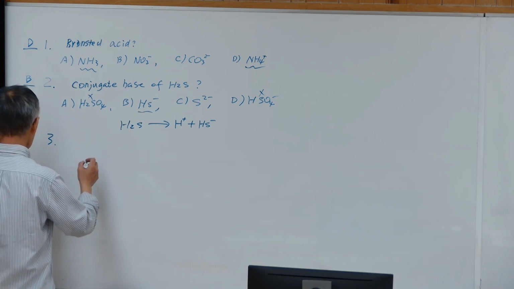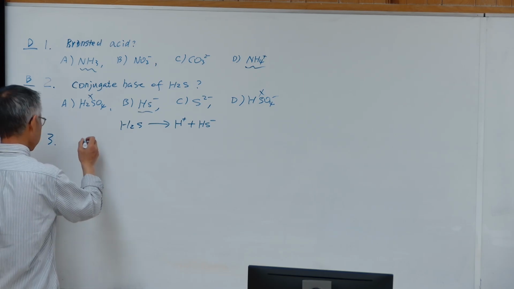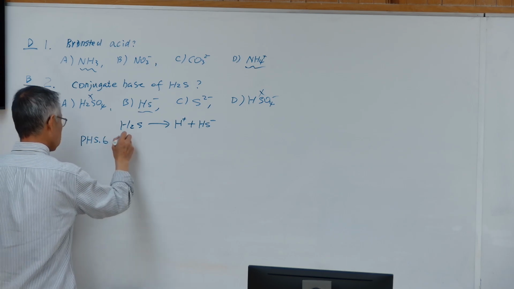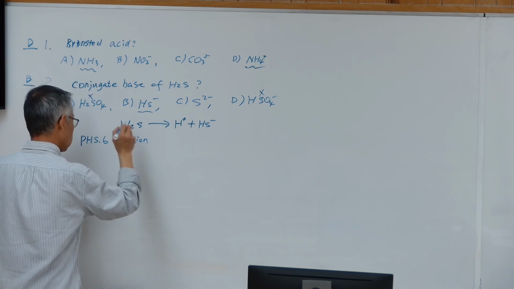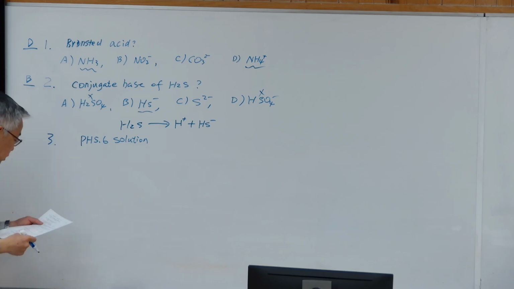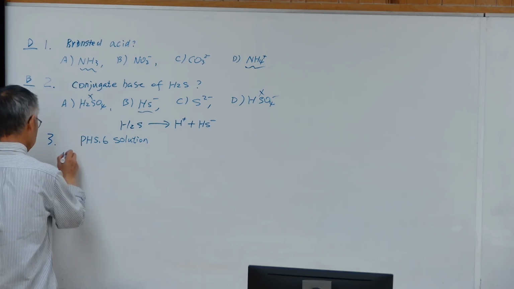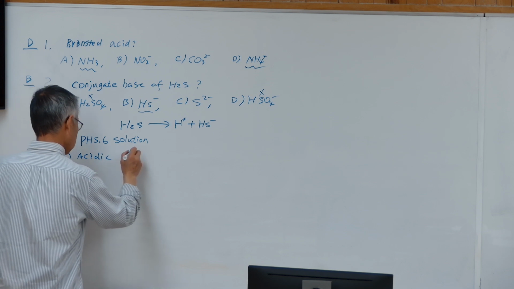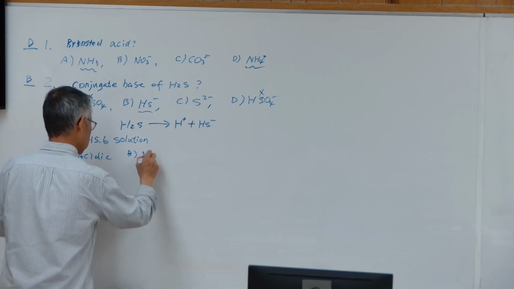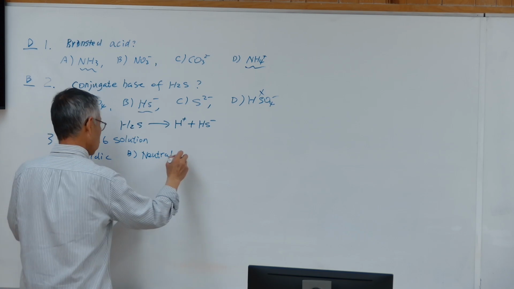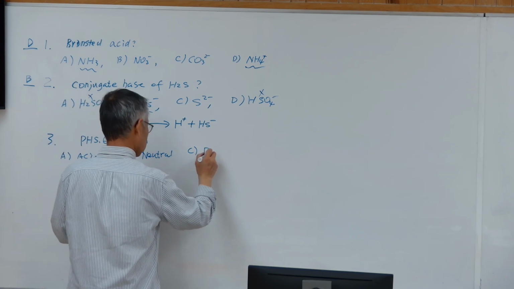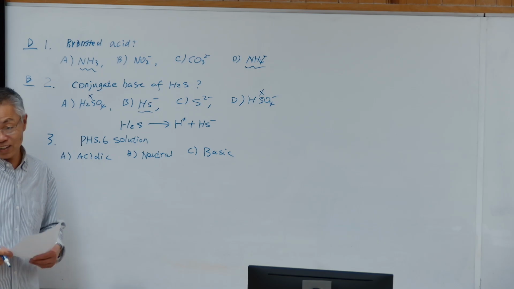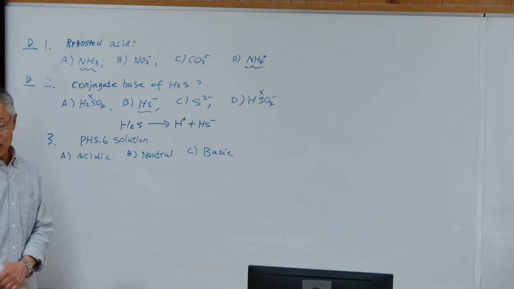Question 3. If a solution has pH 5.6, the solution is pH 5.6. It asks you, is this solution acidic or neutral or basic? It's a very clear answer, right?